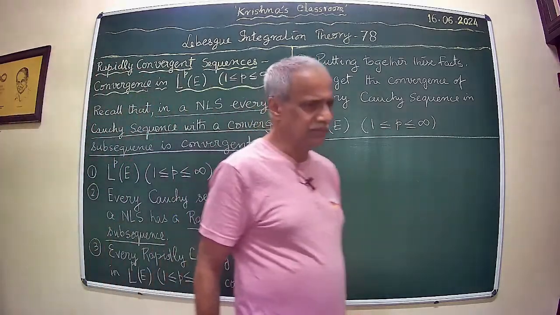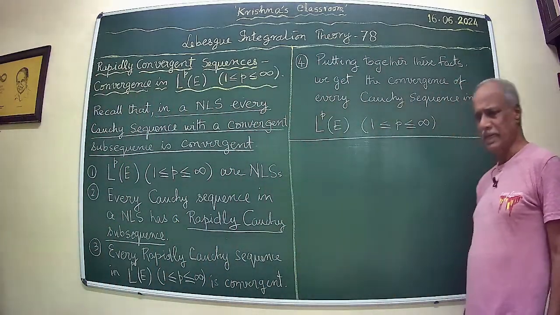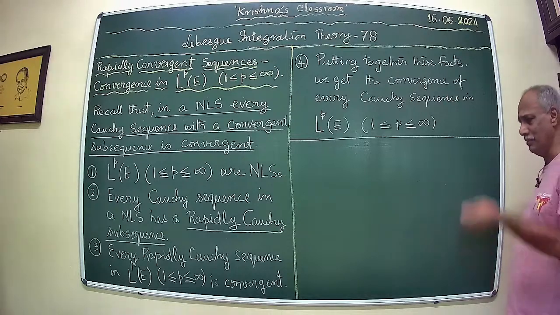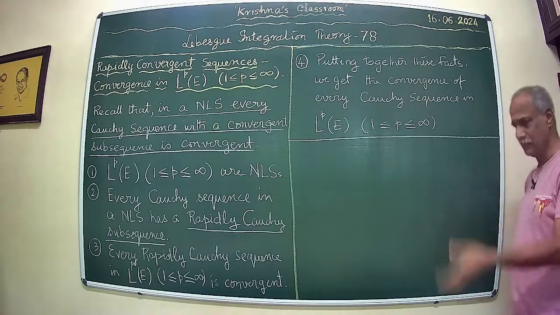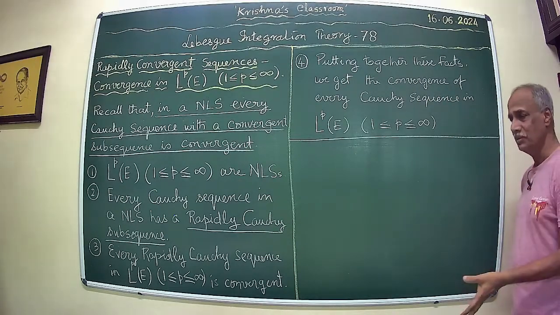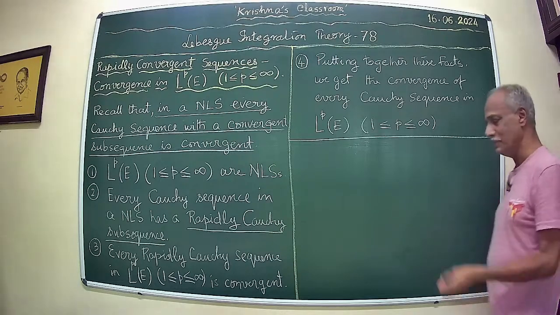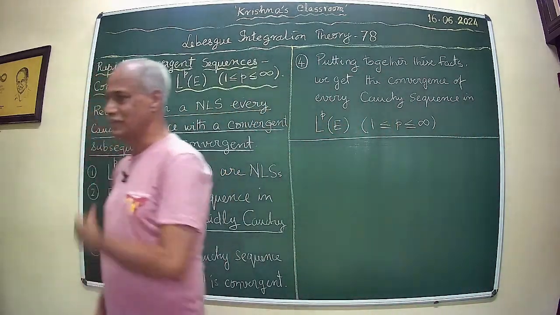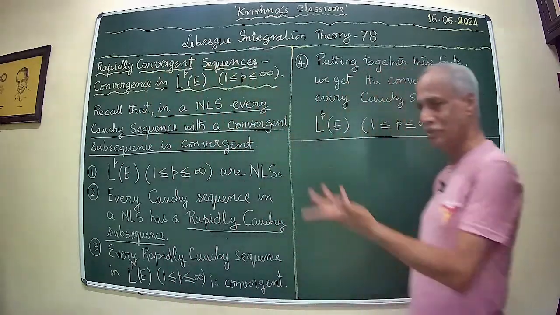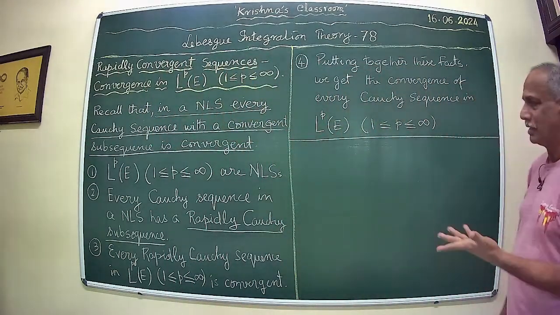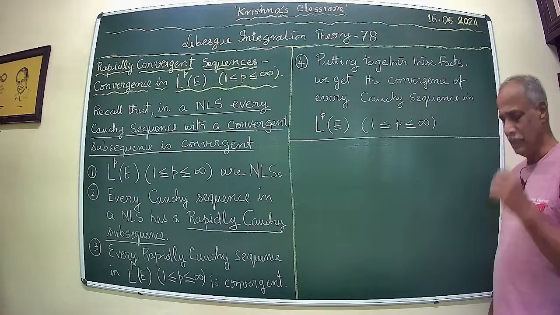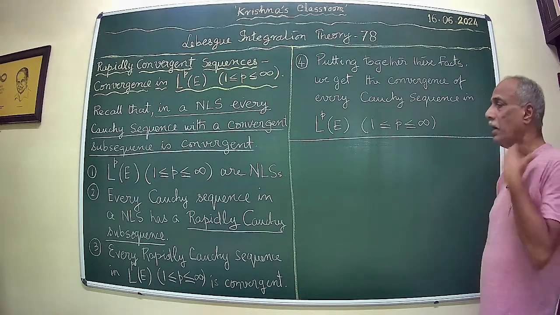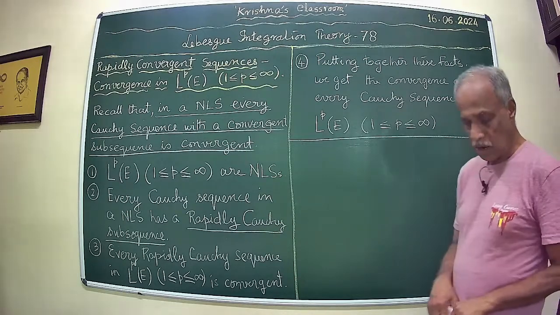Certainly, all Cauchy sequences have rapidly Cauchy subsequences, and if every rapidly Cauchy sequence were convergent, it would mean that the Cauchy sequence itself is convergent, but that is not true.